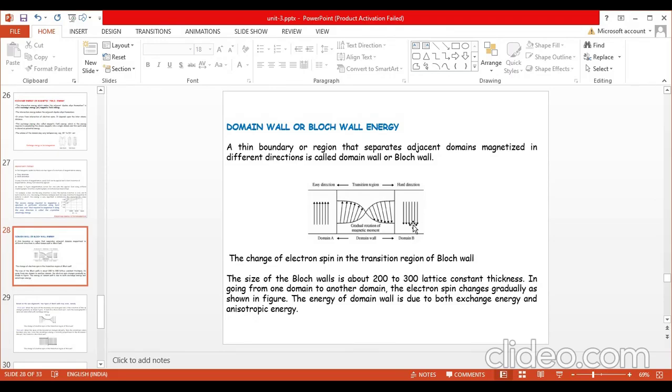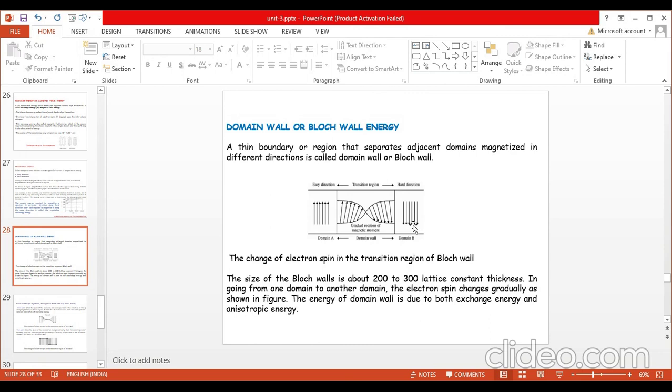The size of the block wall is about 200 to 300 lattice constants in thickness. We know that the value of the lattice constant is of the order of 10 power minus 10. So in going from one domain to another domain, the electron spin changes gradually as shown in the figure that we have discussed.